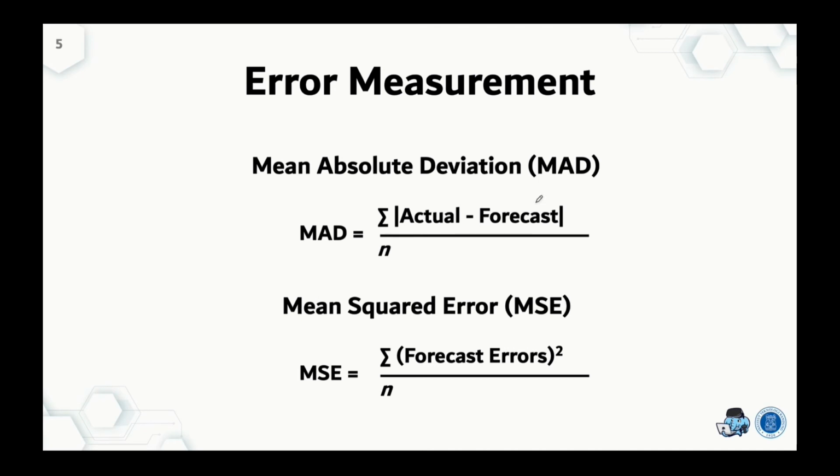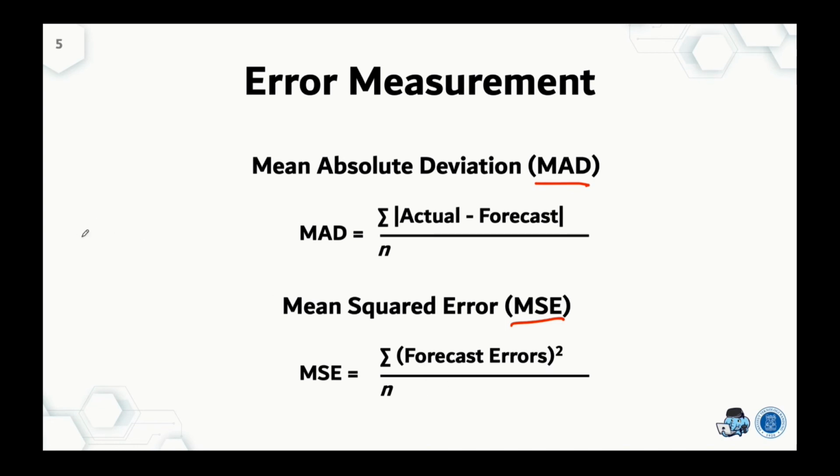The second error measurement we call MSE, the mean squared error. This is simply the same as the MAD, but based on the square. We sum up the square of the forecast error and divide by n.